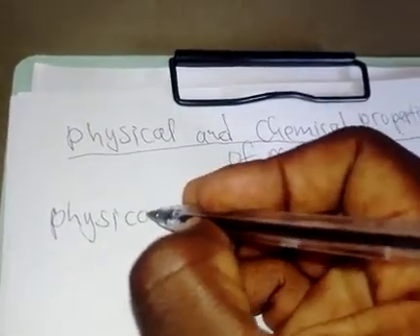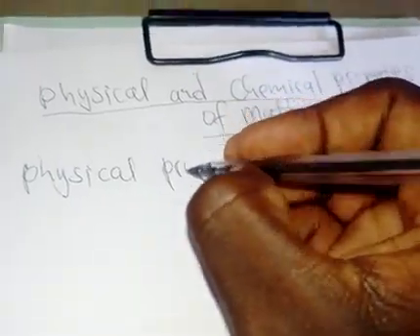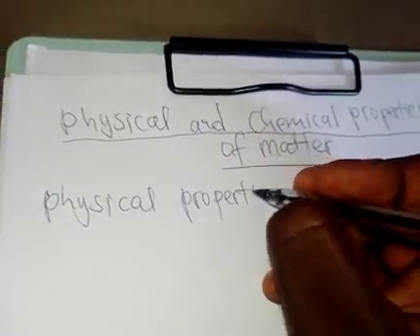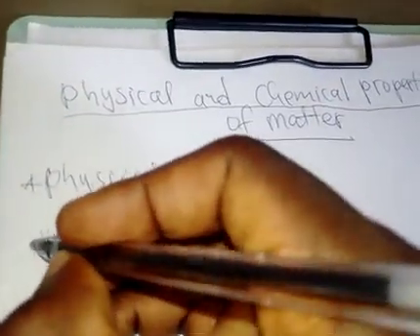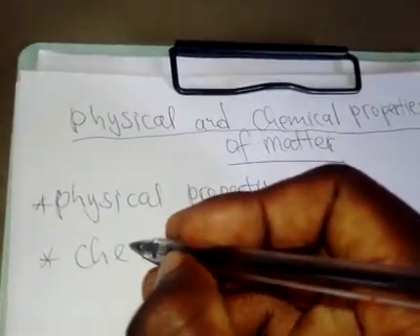So what is a physical property of matter, and what is a chemical property of matter? Physical property first, the second one chemical property.